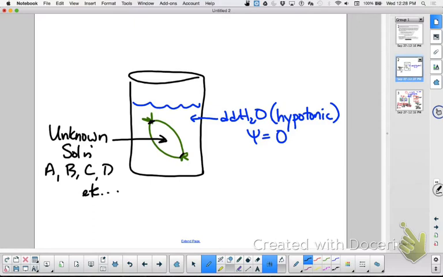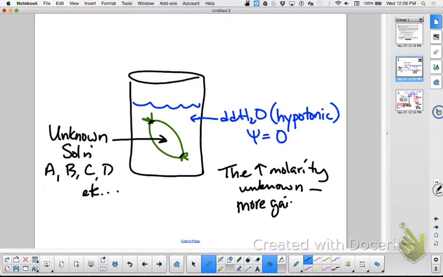Yeah? And what would our hypothesis be about this? The greater the molarity of the solution inside, the more massive. The greater the molarity of your unknown, keep going. The more massive, the more it'll gain in mass.